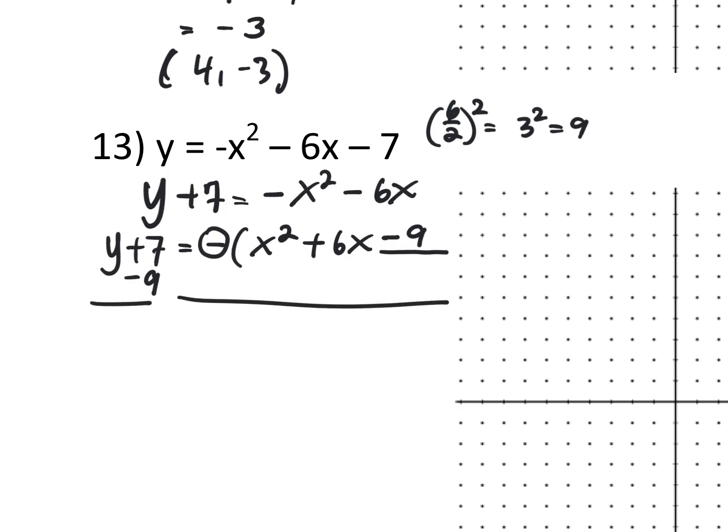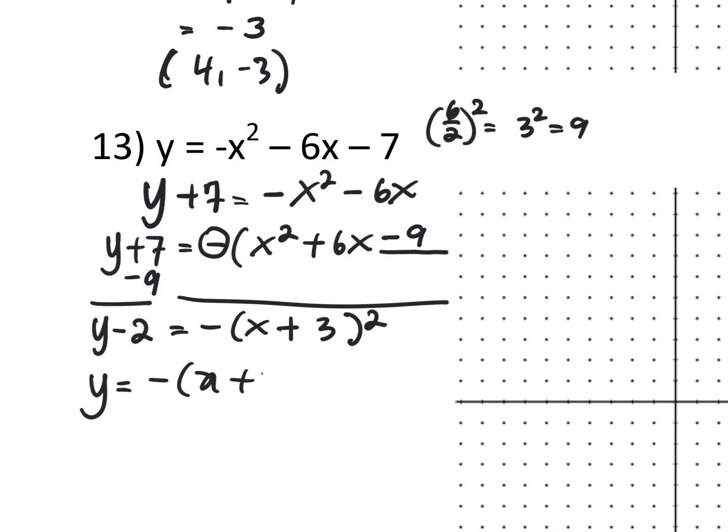Okay, so y plus 7 minus 9 is going to give you y minus 2. Here is going to be negative x squared. Okay, let's just simplify this one. x plus 3 squared. Okay, y is equal to negative (x plus 3) squared plus 2.